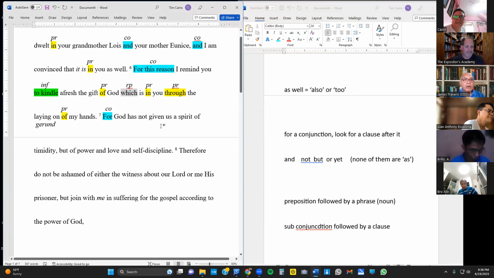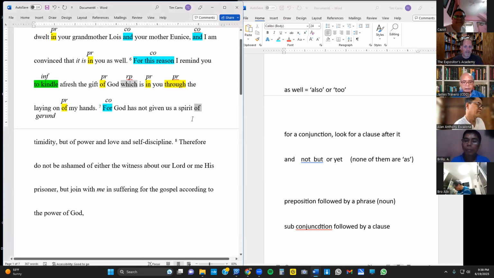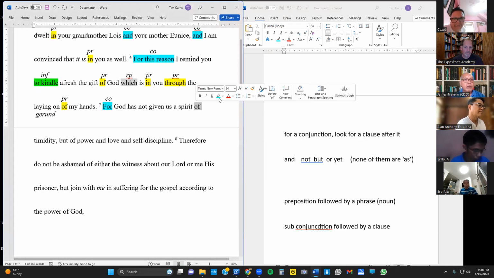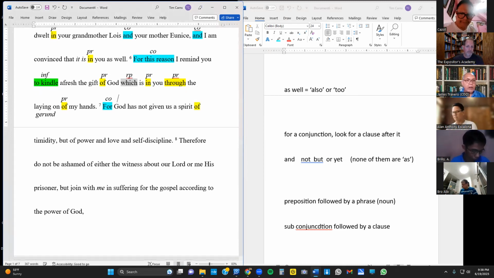All right, James, do you see any other? Of, immediately. Yes. The word of. What kind of connector word is that? Preposition. Very good. So I'll do it in yellow. All right. And any other in verse 7? But.